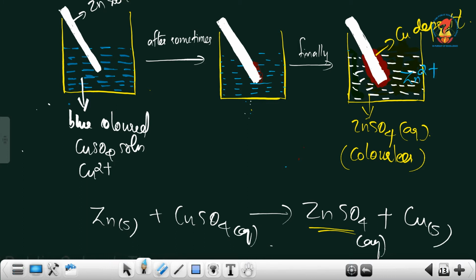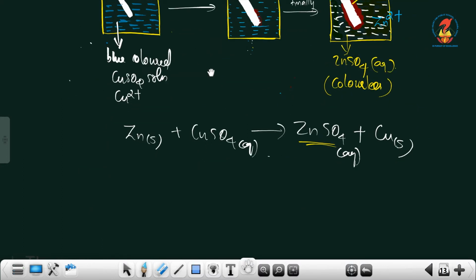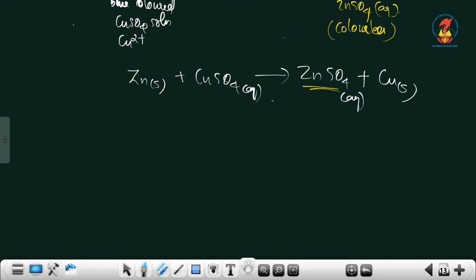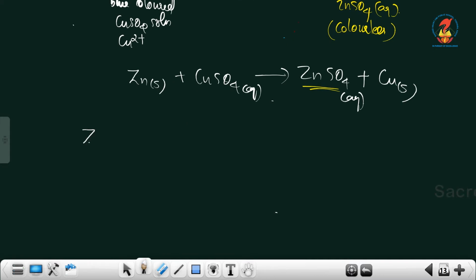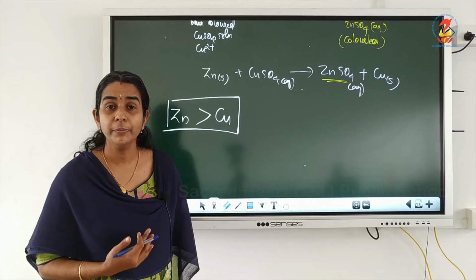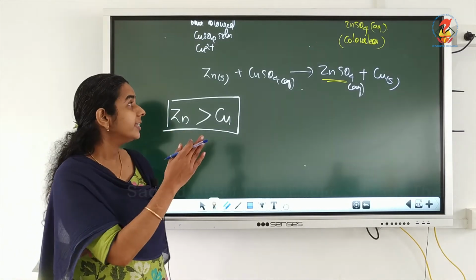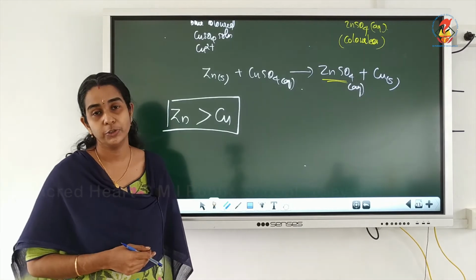Now, what we can infer from this experiment is that zinc is more reactive than copper. Only because of that, zinc is able to displace copper from copper sulphate, and there is a change in the color of the solution.